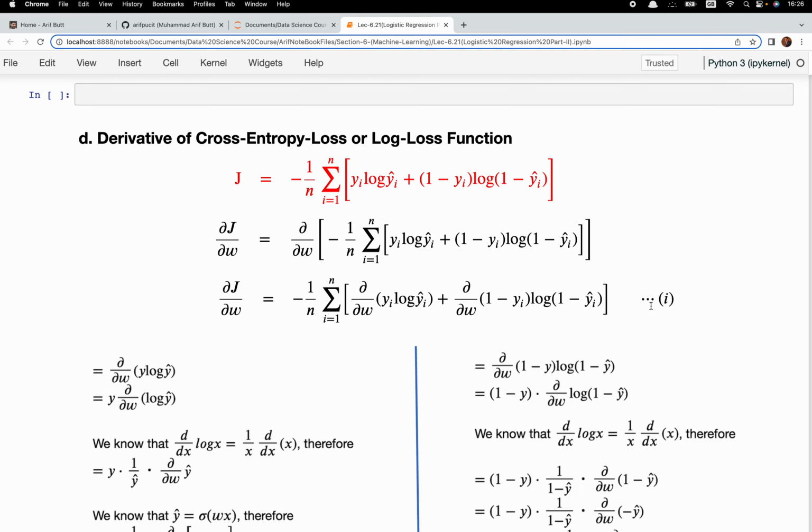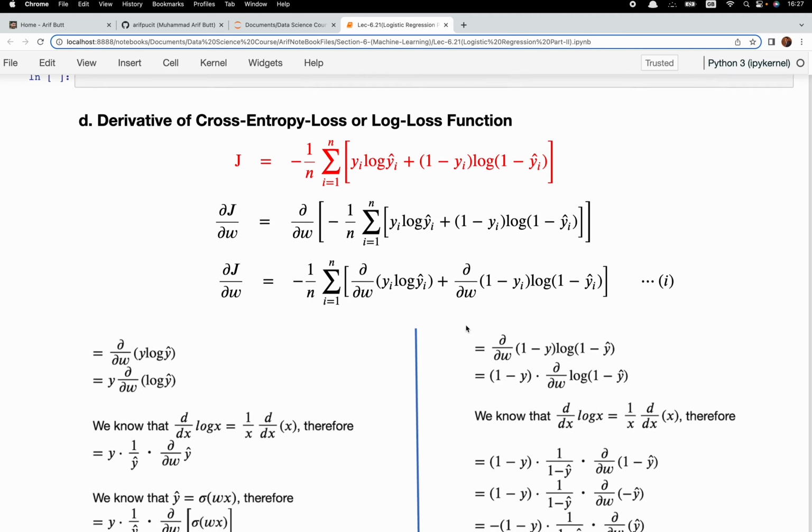Well, in this equation 1, you can observe that there are just two terms which we need to differentiate. The first is y times log of y hat, and the second is 1 minus y times log of 1 minus y hat.